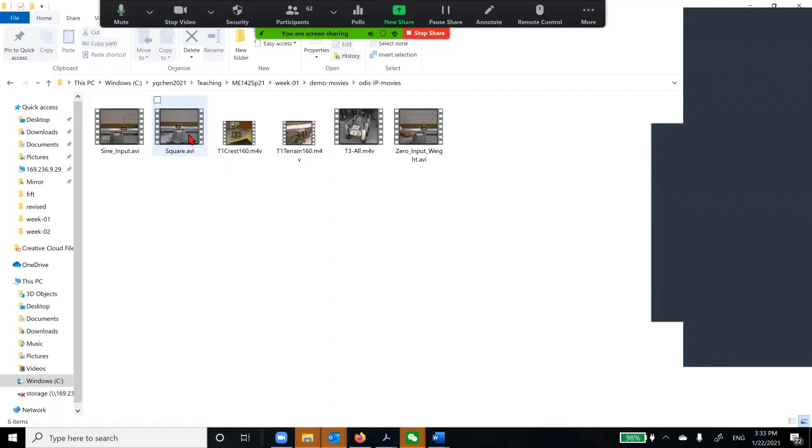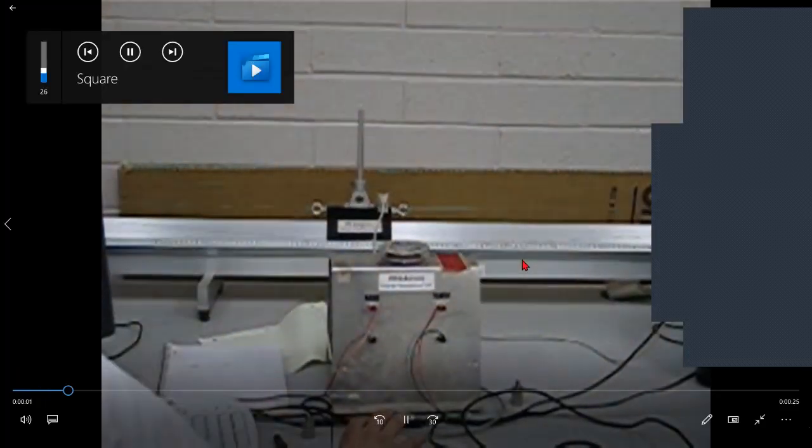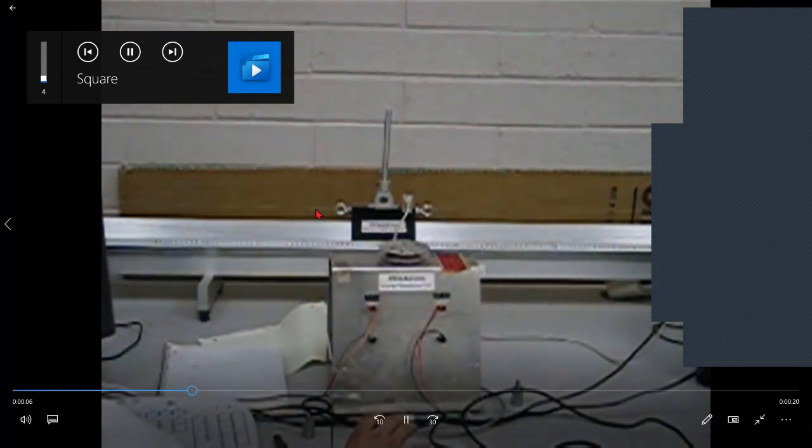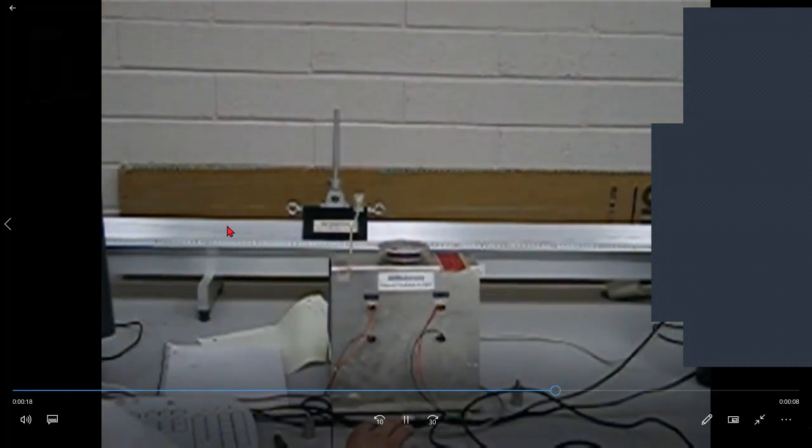So this is called inverted pendulum. We're actually using a high school type of physics experiment. There are a lot of small holes.